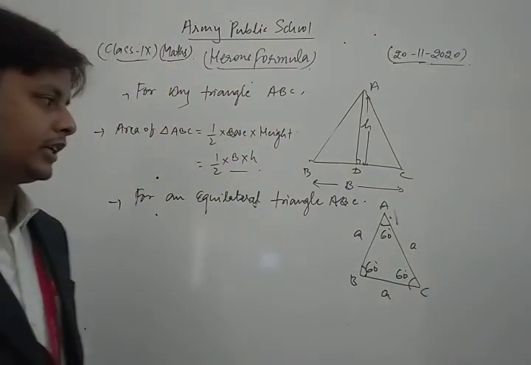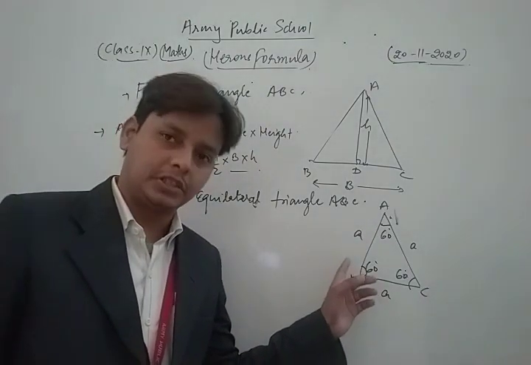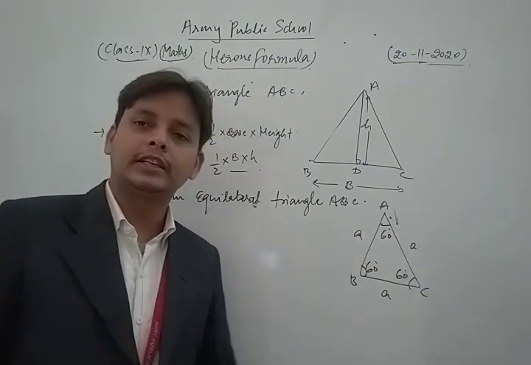Okay, each angle of an equilateral triangle is 60 degrees, and each side of the equilateral triangle is a.